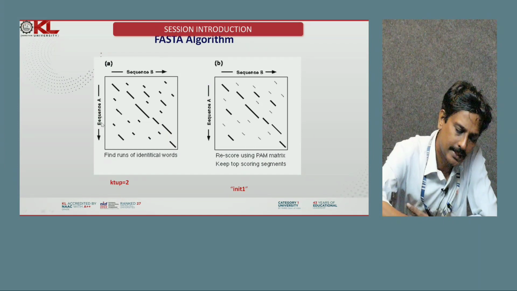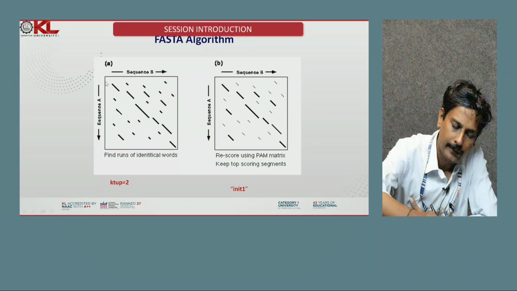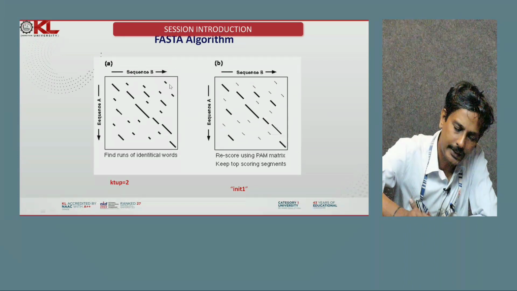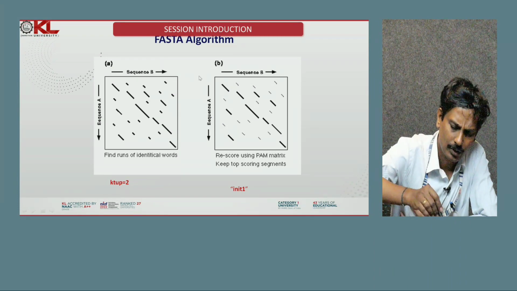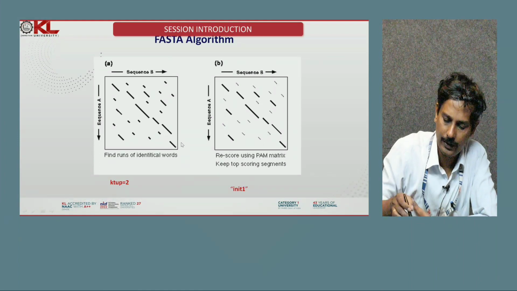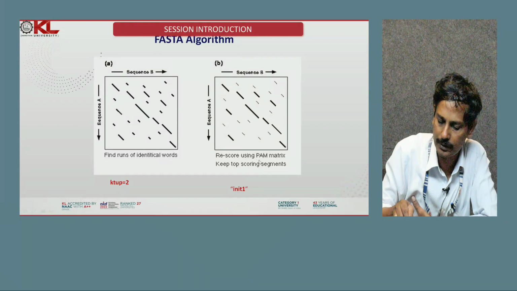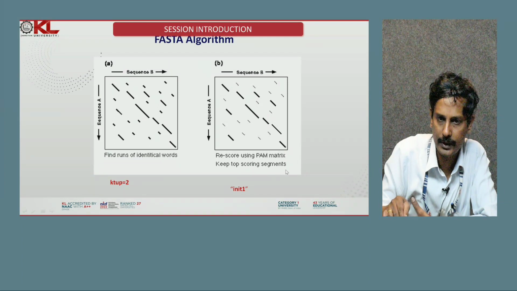Here this is sequence A, which means sequence 1, and this is sequence B. Find out the similarity region. This is the diagonal region. Here, find the runs of identical words. This is the first concept. This is the second concept, rescore using the PAM matrix. Keep top scoring segments.